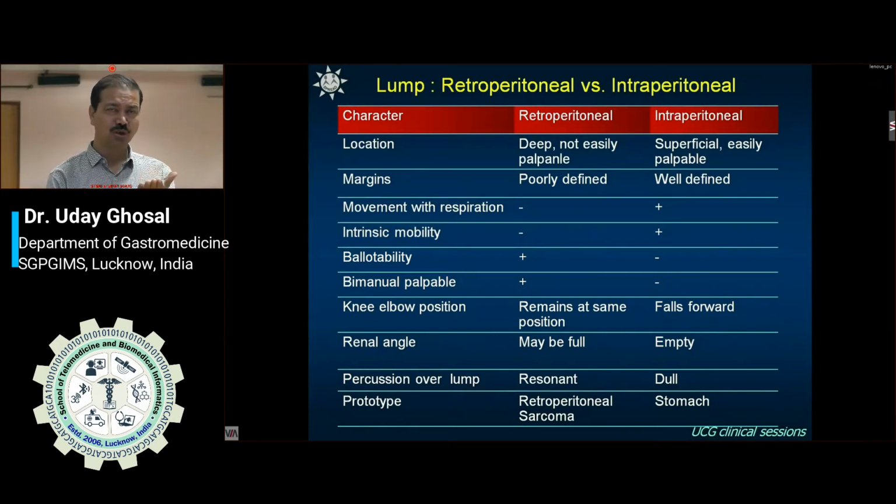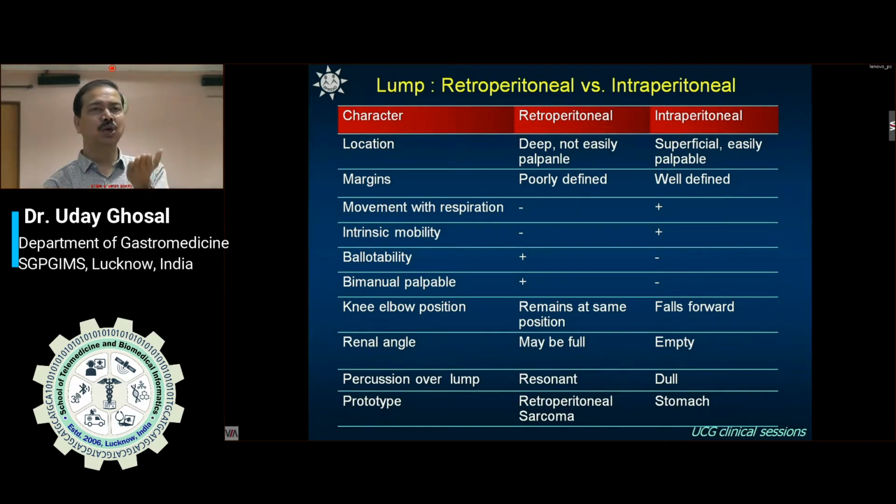Ballotability means you put your hand below the lump on the back, you put the other hand anteriorly over the abdomen, then push the lump from the back, and if the lump touches your anterior hand and then falls back on the other hand in the back, this is ballotable. So ballotability is a feature of retroperitoneal lump, but not intraperitoneal.